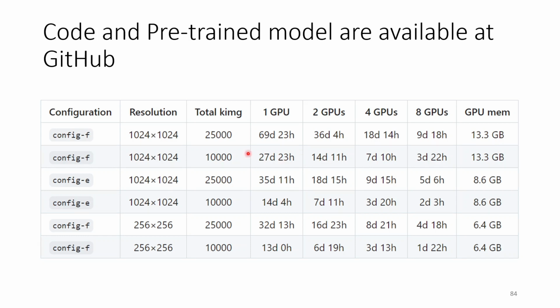They also show that if you only have one Tesla V100 and say only 10K images at low resolution, you still need 13 days to train the model. It means it's very difficult for me to reproduce their result using our school's AI center's resources.